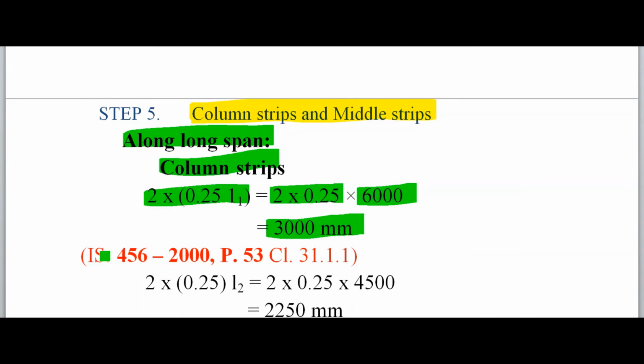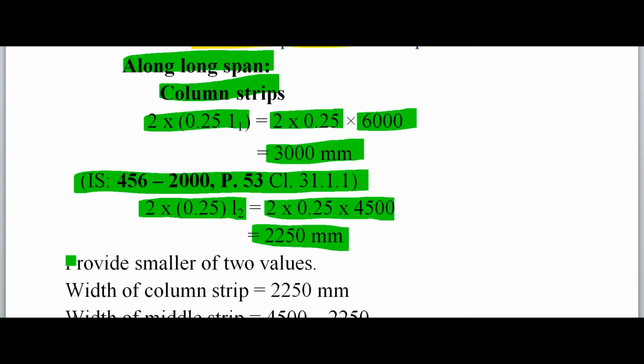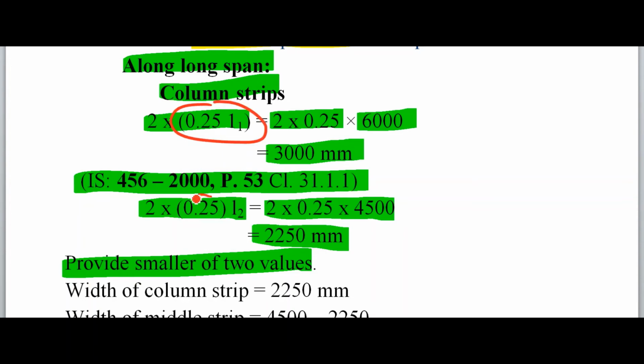So by IS 456 2000, page number 53, clause number 31.1.1. Second, 2 into 0.25 L2. Provided smaller of two values. We have two values here, 0.25 L1 and 0.25 L2.